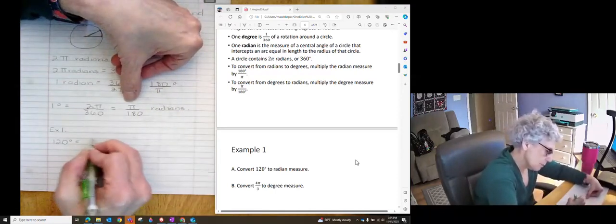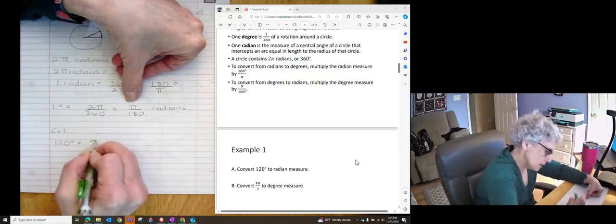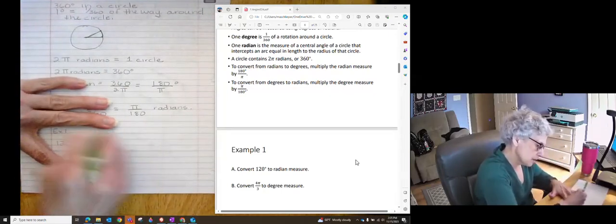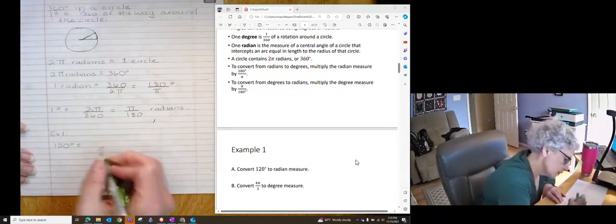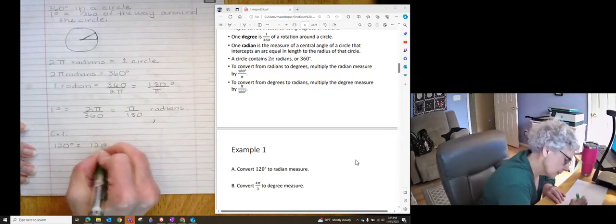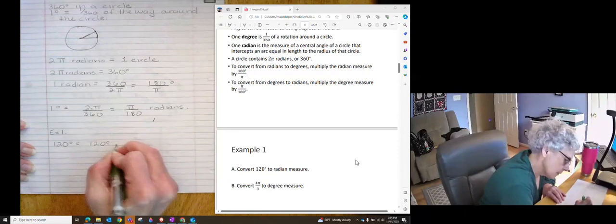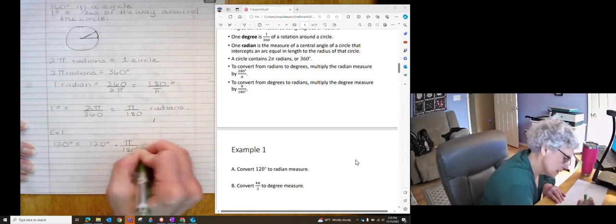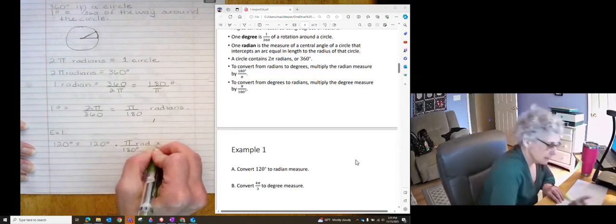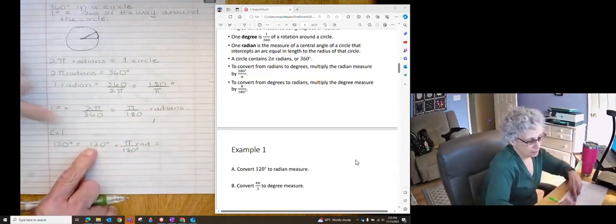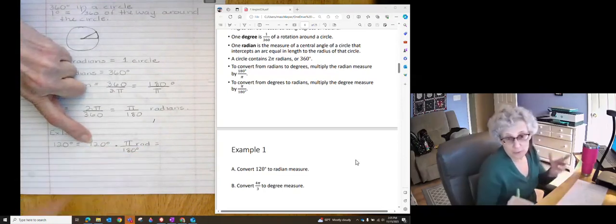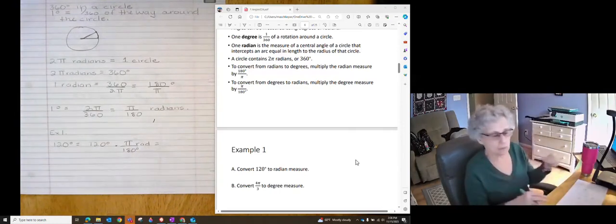I want to end up with radians, so I take 120 degrees times pi radians over 180 degrees. That way, I have degrees over degrees, which would cancel. That's kind of how I remember it.